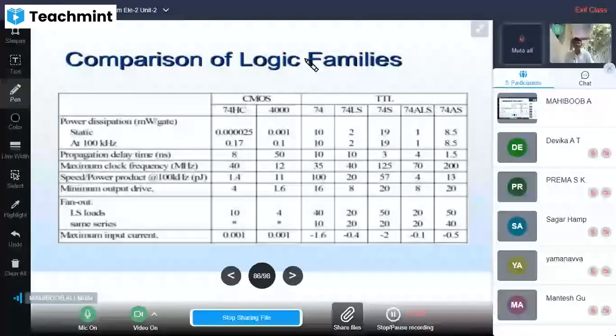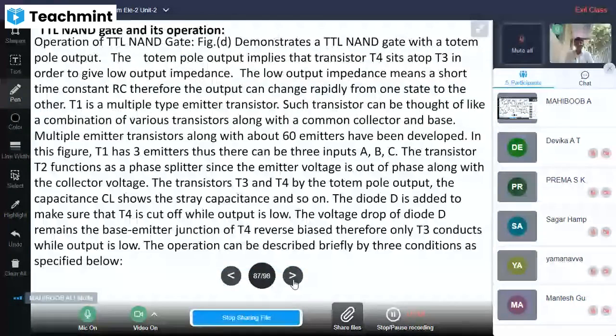So, comparison of logic families. CMOS and TTL we can compare like this. Different values are there: power dissipation, propagation delay, maximum clock frequency, speed power product, fan out. Based upon these parameters, the ICs are used for practical purposes. Go through the literature and you will get these.